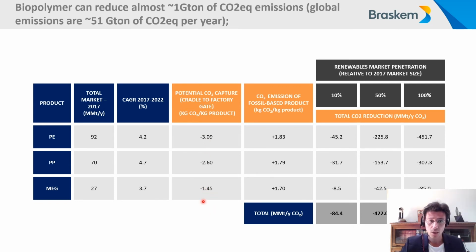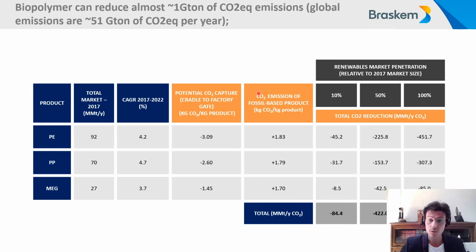When you see the total market for polyethylene, for polypropylene, and for BioMEG, which are key materials, but we have dozens of potential materials that you could produce as biopolymers, we get to a final number that is hidden here on the slide deck, but it's almost 800,000 tons of CO2 equivalent.